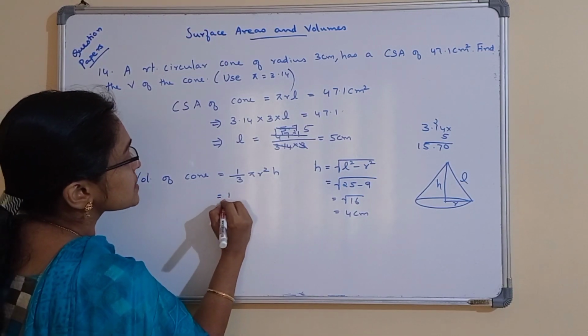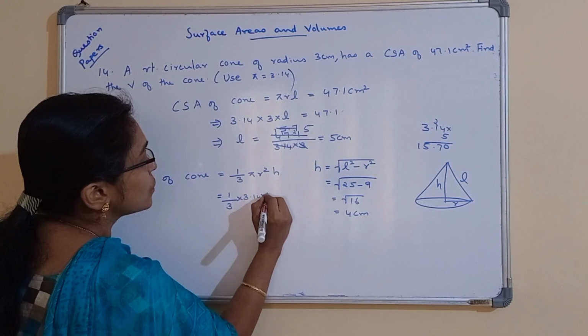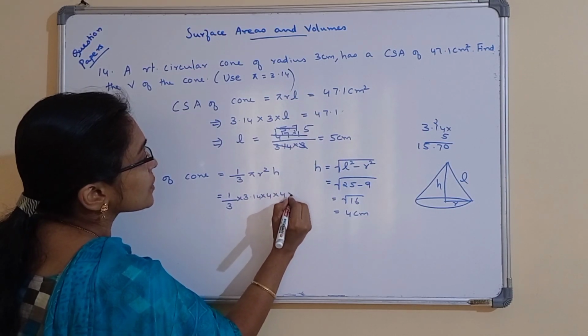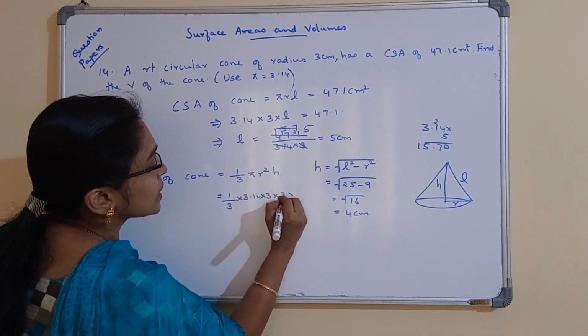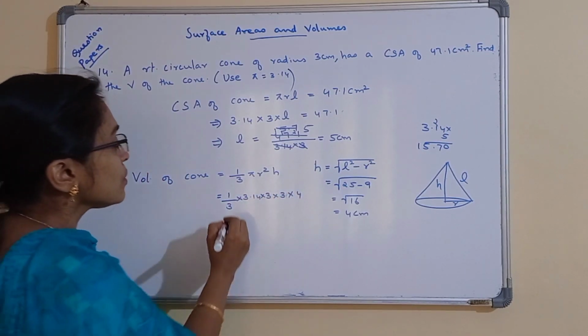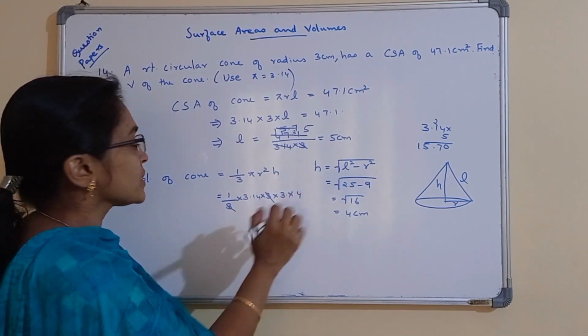So we can write this as 1 by 3 into 3.14 into r is 3, 3 into 3 into 4. So 1 3 will get cancelled, and this is 3 into 4 is 12.